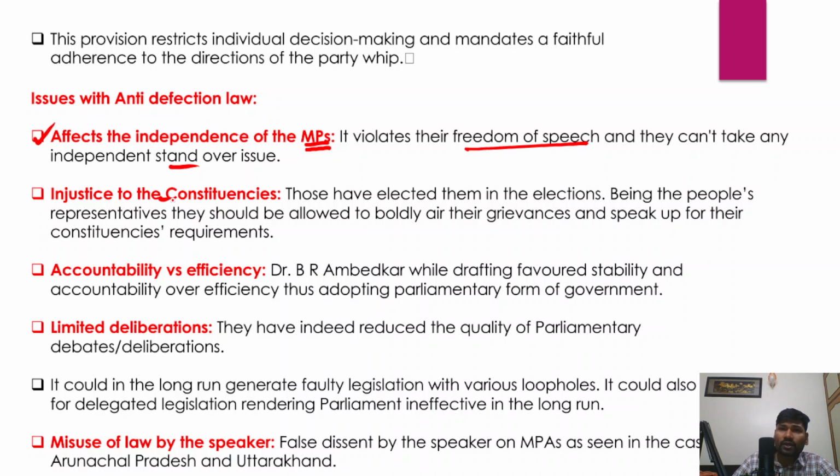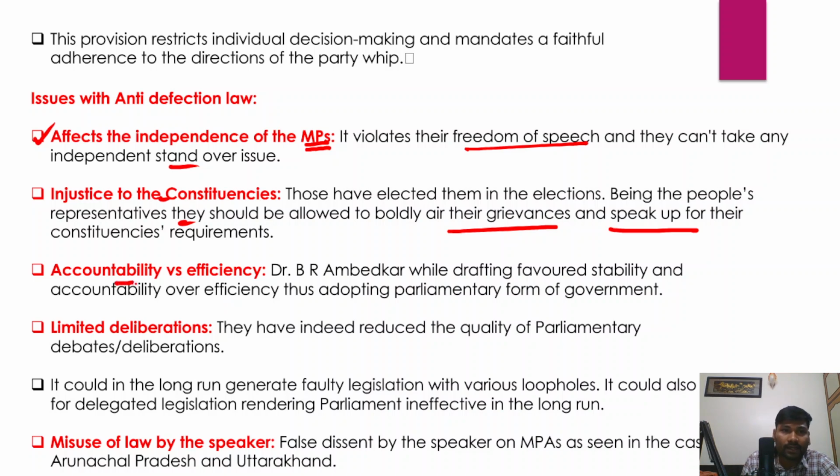When they are not able to do so, the overall purpose of democracy would be deviated. Therefore, being people's representatives, they should be allowed to boldly air their grievances and speak up for their constituencies' requirements.